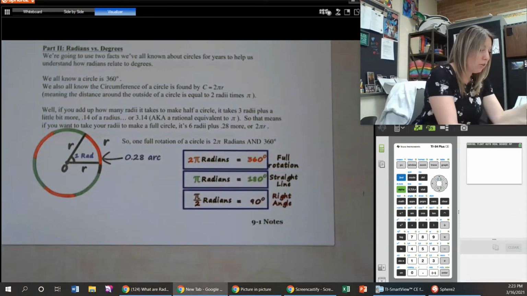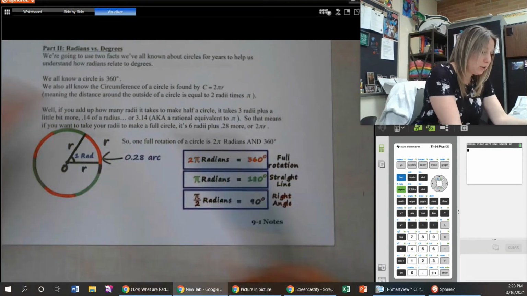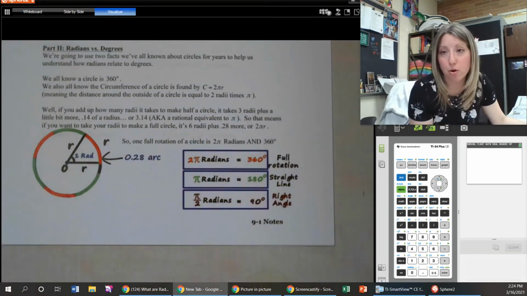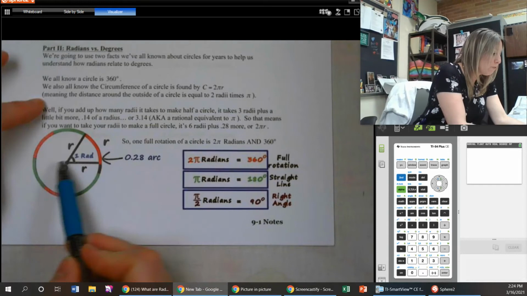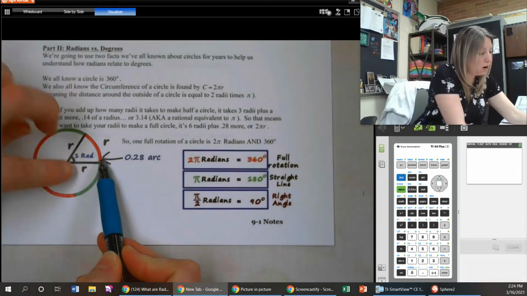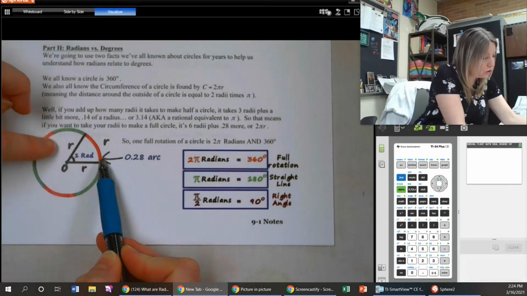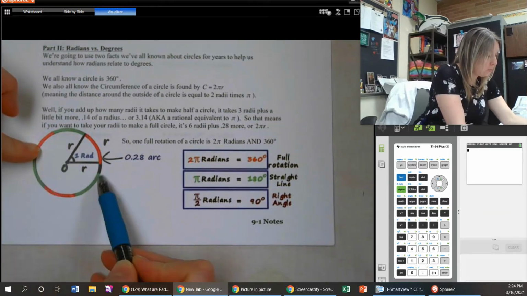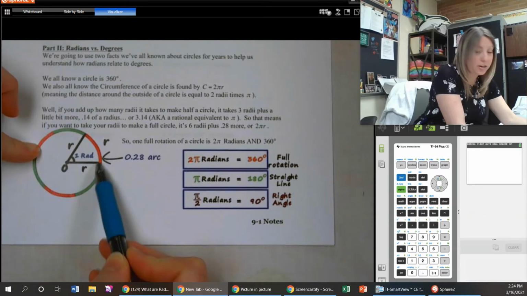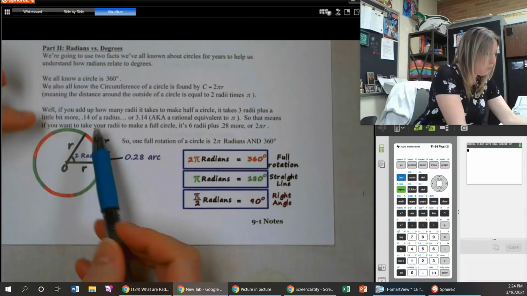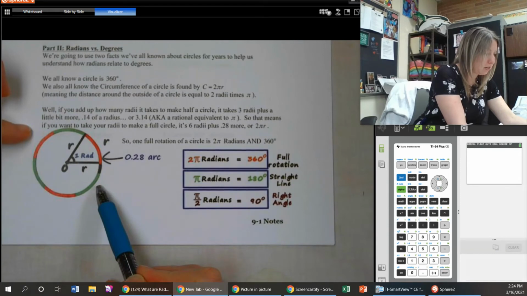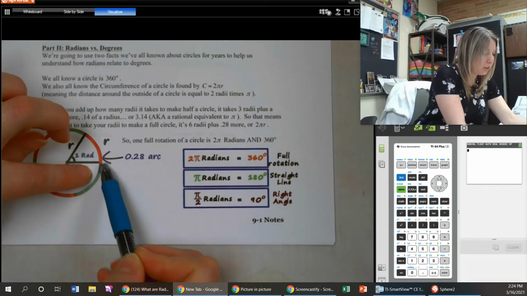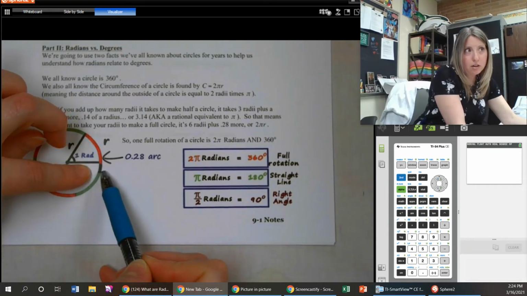Okay? That also means that since pi is approximately 3.14, from here to here, there are 1, 2, 3, and a little more, and a little more, and a little more, and then left right here, right? So 1, 2, 3, 4, 5, 6 fitting, but there's just this little bit left.